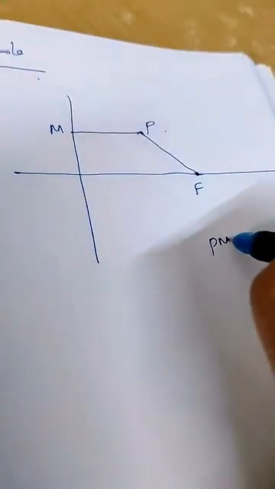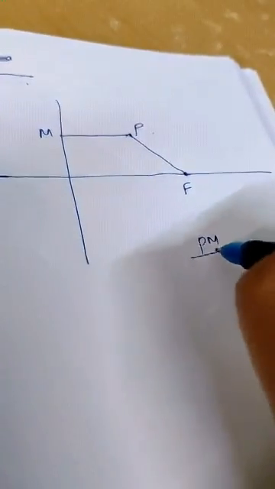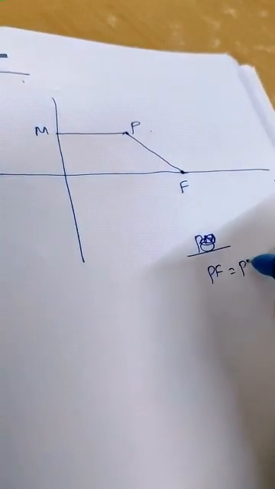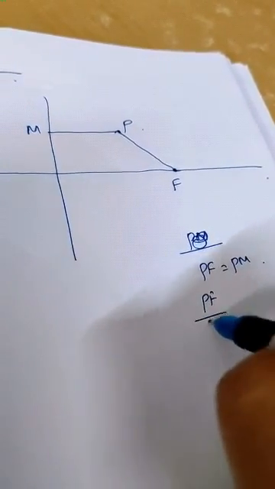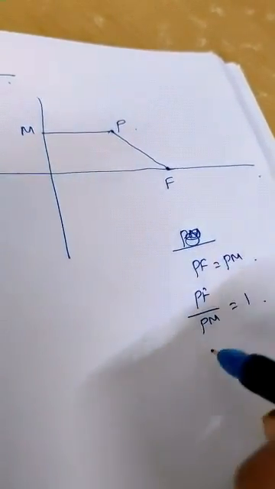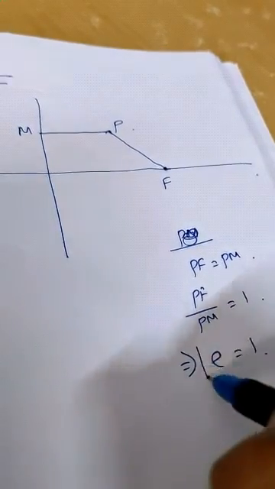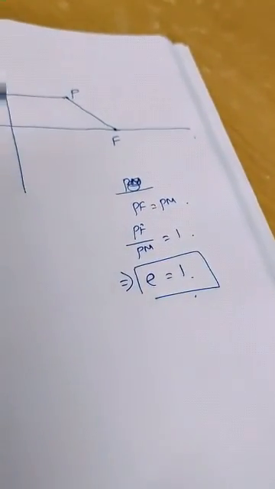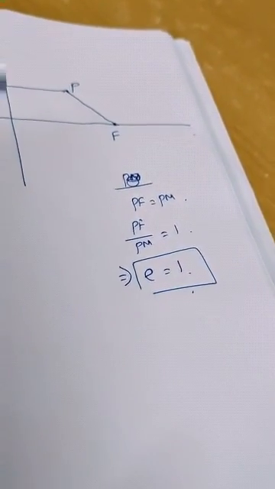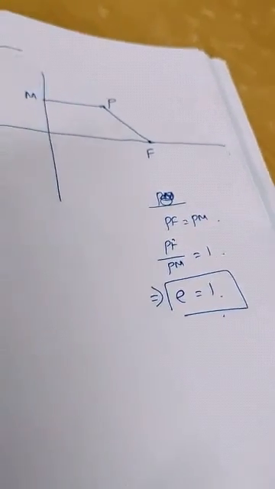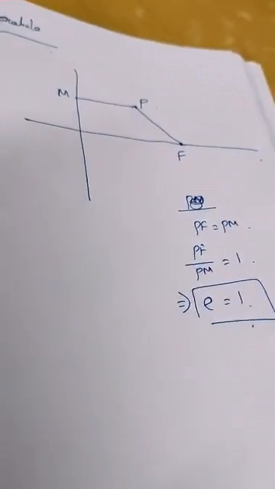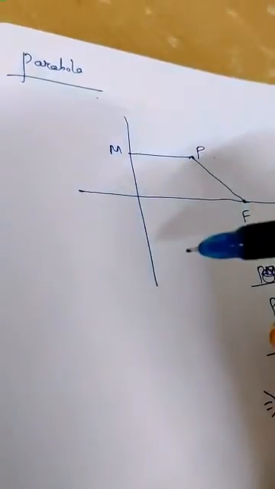So PF equals PM. That is, PF by PM equals 1, and PF by PM is nothing but eccentricity. So in the case of a parabola, E equals 1.